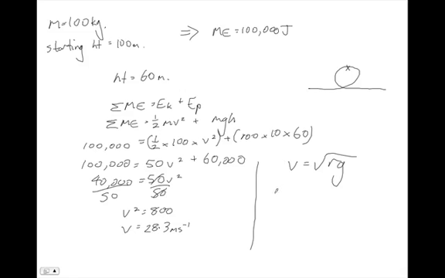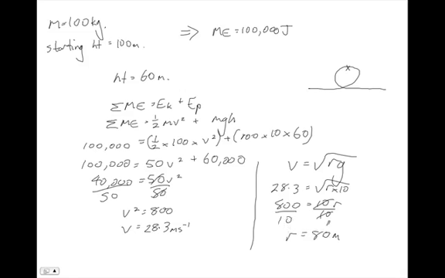So 28.3 equals the square root of the radius times g, which is 10. To get rid of this square root, we'll square both sides. The square of 28.3 is 800. 800 equals 10r. Divide both sides by 10. We have r equals 80 meters.